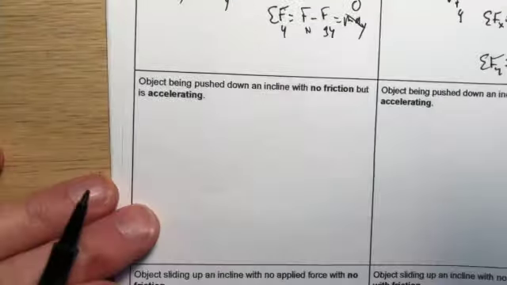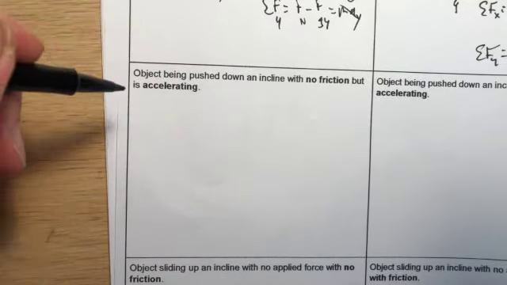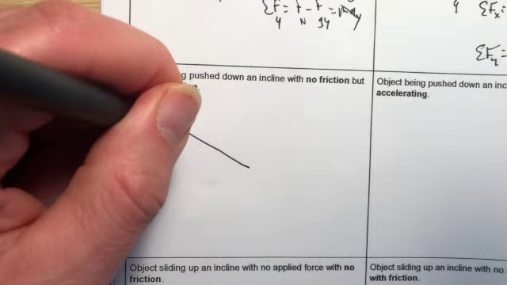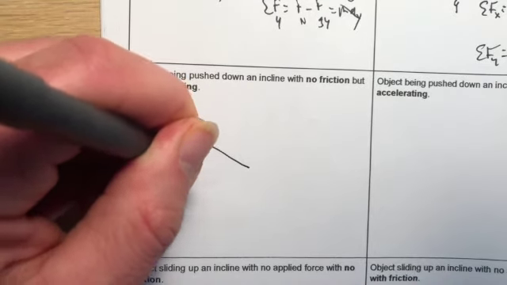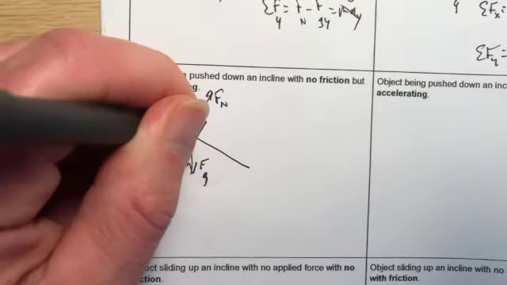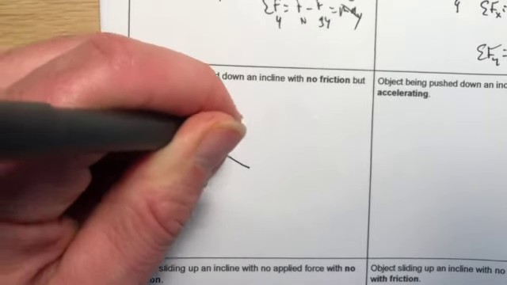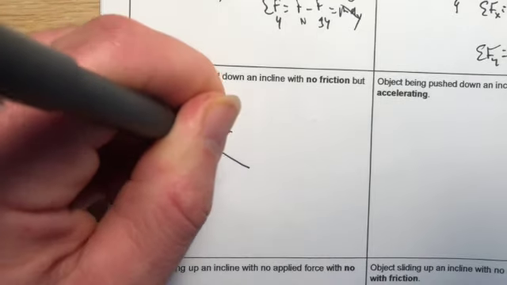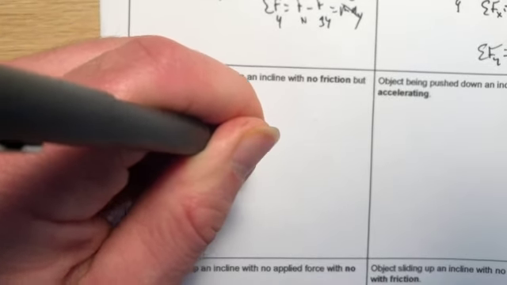All right, moving right along. Object being pushed down an incline with no friction but is accelerating. Fg, Fn, Fgx, Fgy, F applied pushing it down.